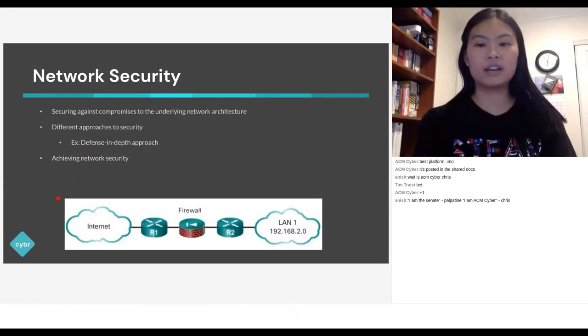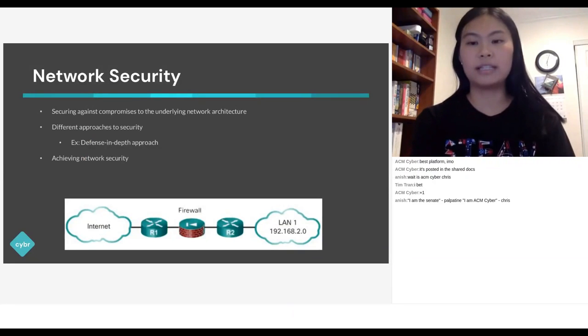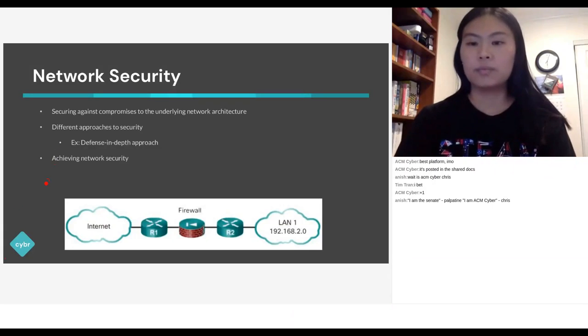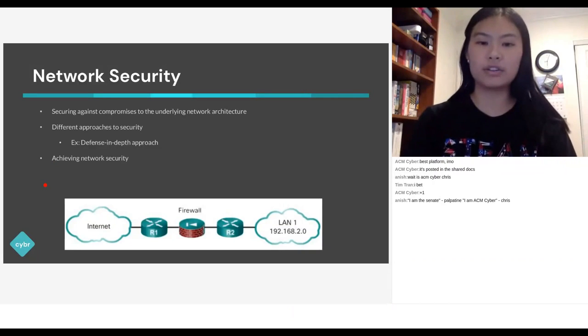However, the downside is that the internet makes information publicly available to everyone, and network security must be in place to keep things confidential. Network security means securing against compromises to the underlying network architecture, stopping threats from entering and spreading on your system. An example would be having a firewall to filter the inbound and outbound traffic of your network.